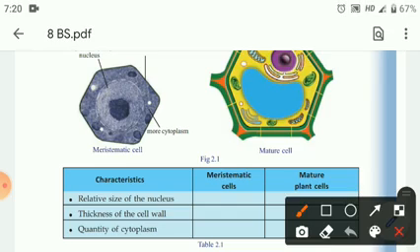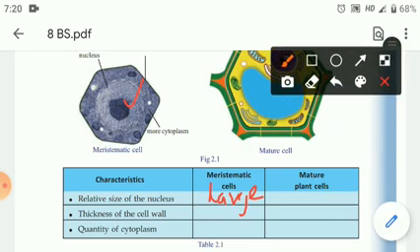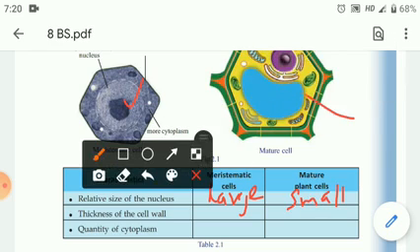The first one, relative size of the nucleus. It is large in meristematic cells, but compared to that, in mature cells the nucleus is very small.